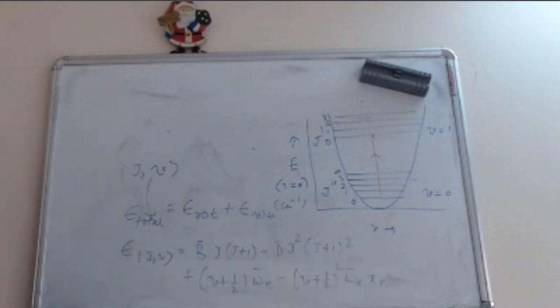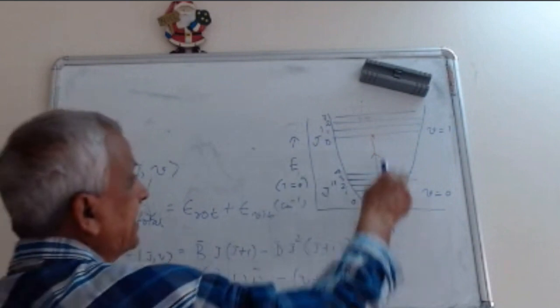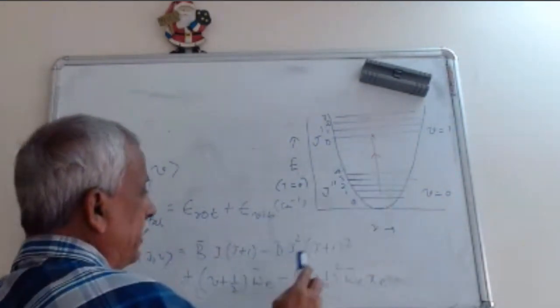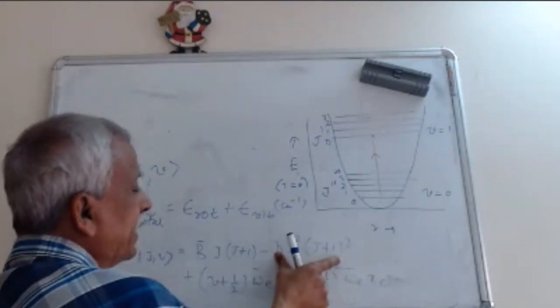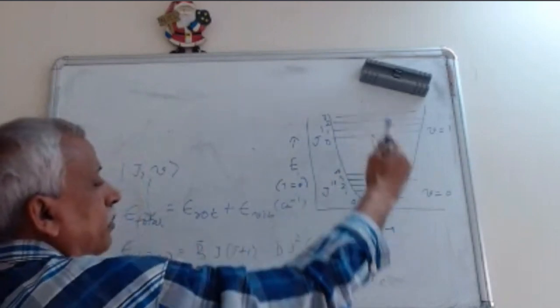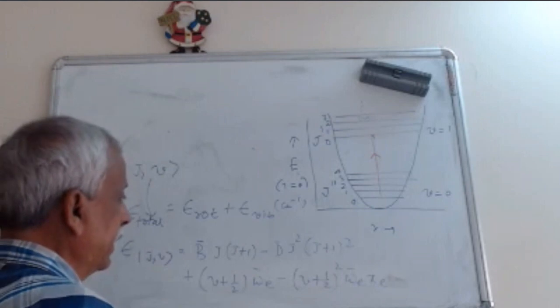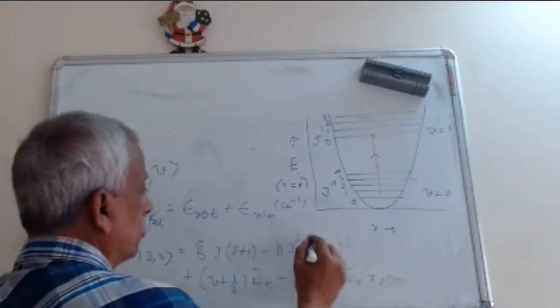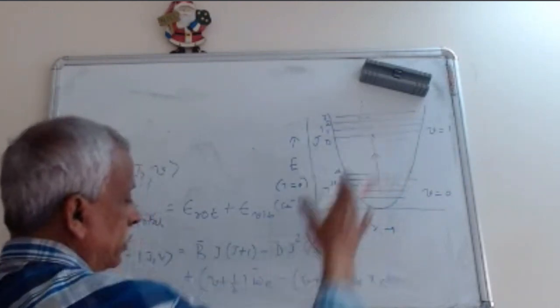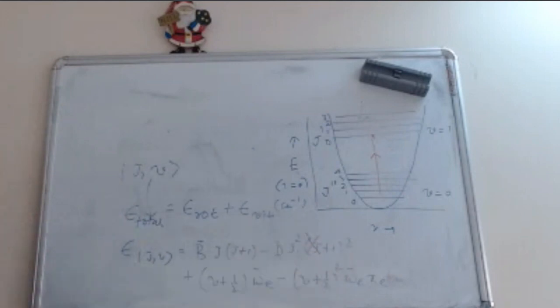But now you can see, because we are talking about this energy difference, obviously this is a negligible quantity when we are talking about such a large energy difference. So we can, in principle, take out this term. We don't need this term because we cannot resolve it here.